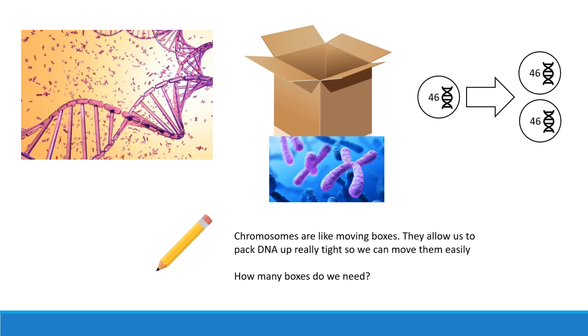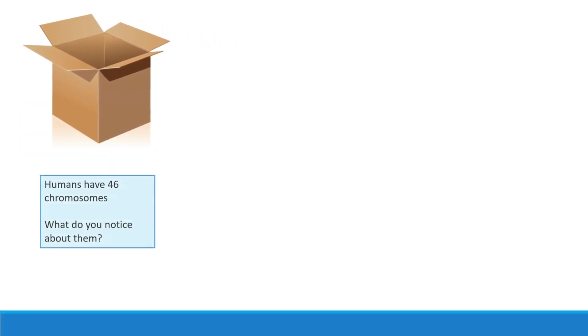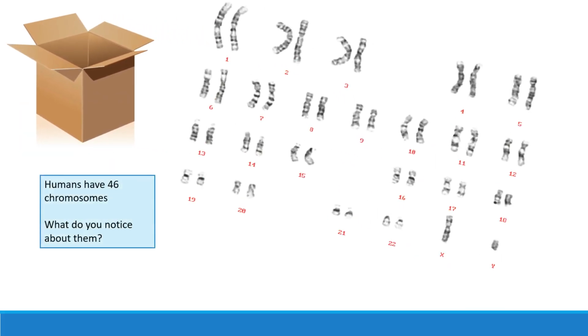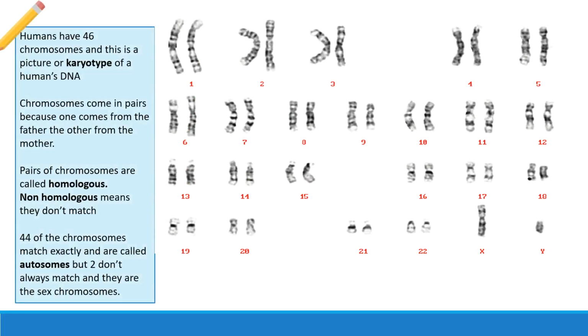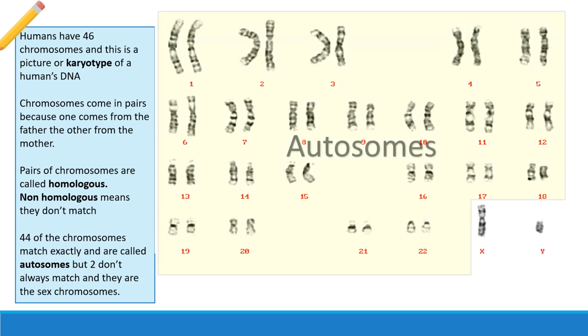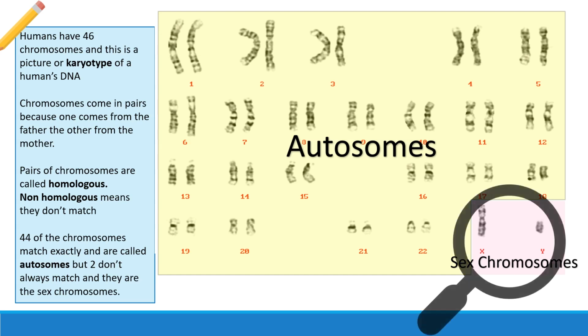We have 46 chromosomes, which means we need to ship 46 of them. We can group them into a karyotype. This is a picture of all of the chromosomes. You can have matching pairs, homologous, or non-matching pairs, and most of them are called autosomes. But some of them are called sex chromosomes because they deal with picking what sex the child is.